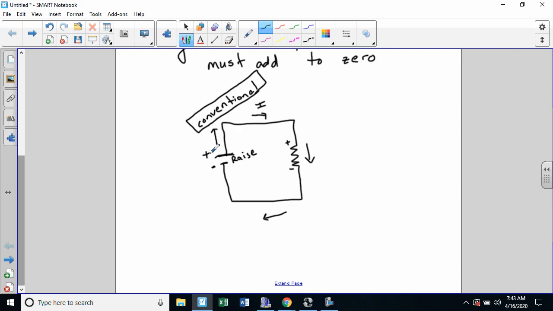So I really like to put those negatives and positives here to show me how the energy is changing with each system element. Here the energy was a raise. Here the energy is a drop. It's losing some energy.